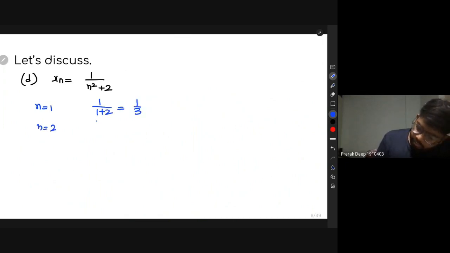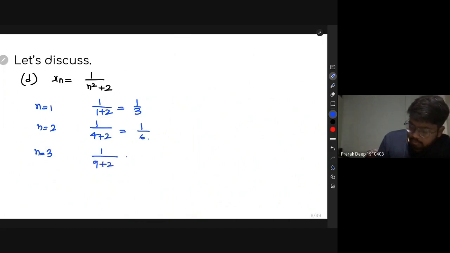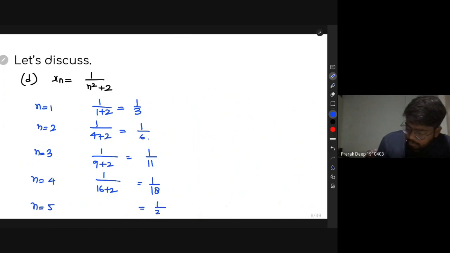N equal to 2, it is 4 plus 2, 1 over 6. N equal to 3, it is 9 plus 2, 1 over 11. N equal to 4, 16 plus 2, 1 over 18. And n equal to 5, it is going to be 1 over 27.